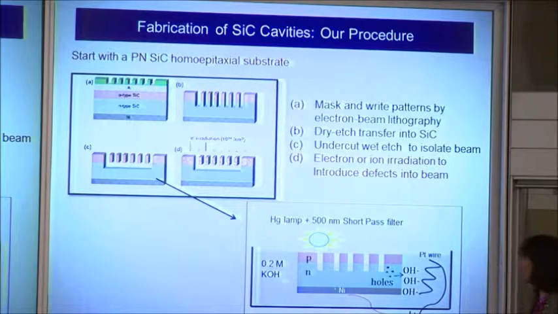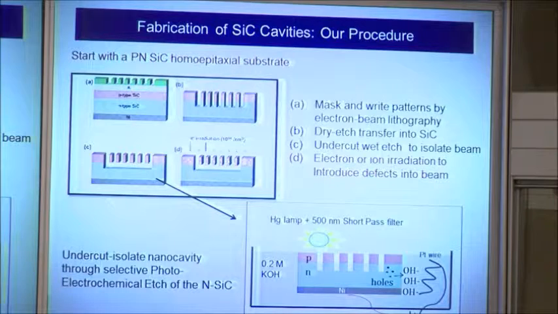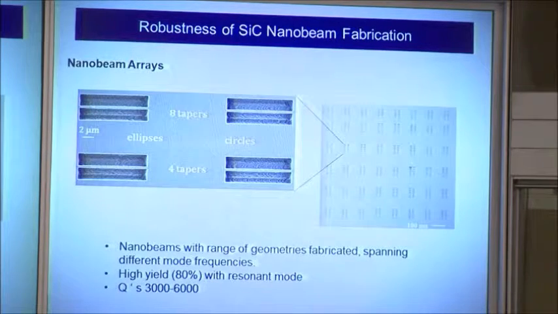And just to give you a little bit more information about this dopant selective etch process, it's a technique that is light enhanced to drive the process. So it's a photoelectrochemical etch of the N-type silicon carbide selectively with respect to the P-type silicon carbide. And I won't give you more details on that at the moment.